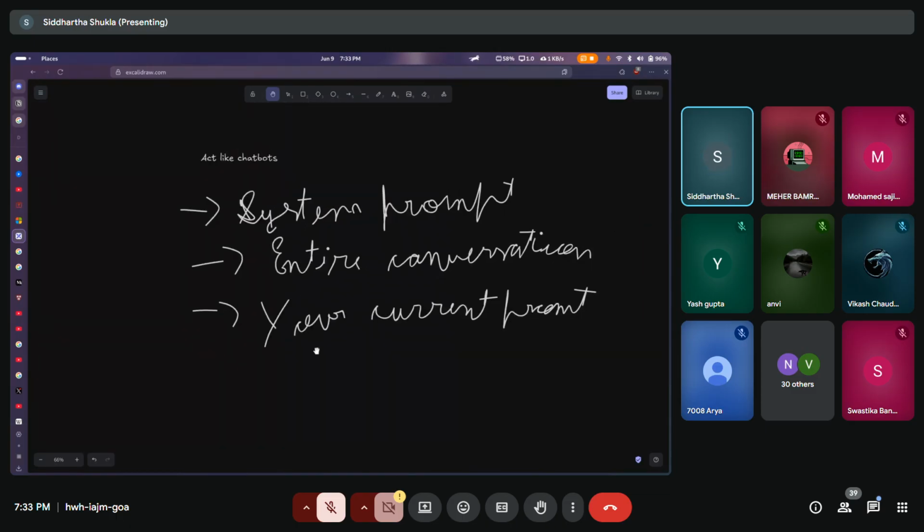All of that is a part of your context window. So you need to be really careful when using LLMs so that you do not exhaust the context window and get a truncated answer.